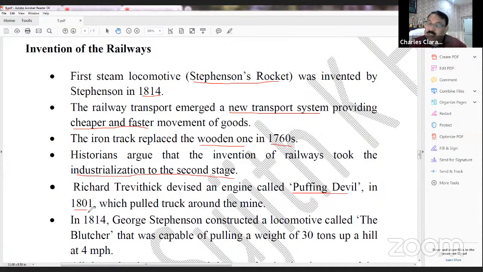But in 1814, George Stephenson, the same George Stephenson I was talking about, constructed a locomotive called the Blucher, which was capable of pulling a weight of 30 tons. Your truck is just 2 tons and 4 tons, but this was able to take 30 tons at 4 miles per hour. In those days, 4 miles per hour was fantastic. It was really good.